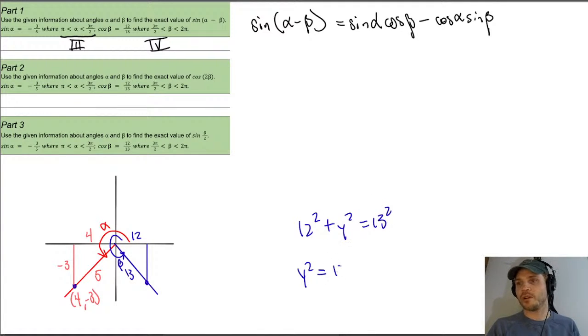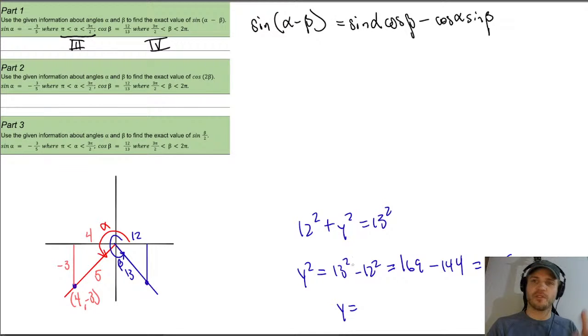And so it's 13 squared minus 12 squared. 13 squared is 169, and 12 squared is 144, and that difference there is 25. So y squared is 25, which means y is either 5 or negative 5. And you can tell it's negative 5 because it's in the fourth quadrant, and that's the y coordinate of this point. Negative 5.